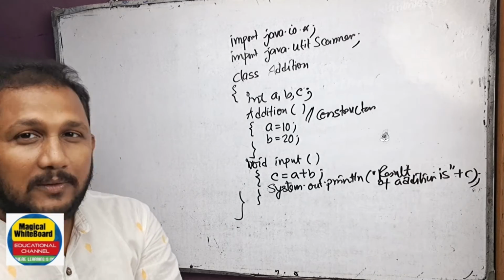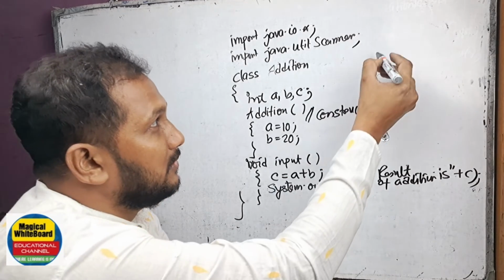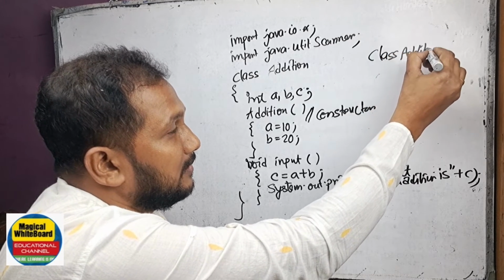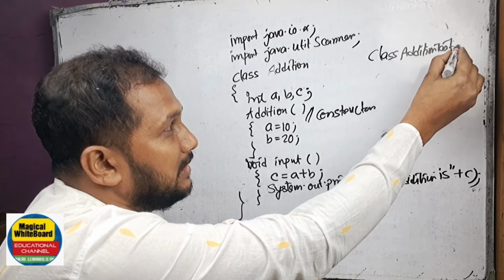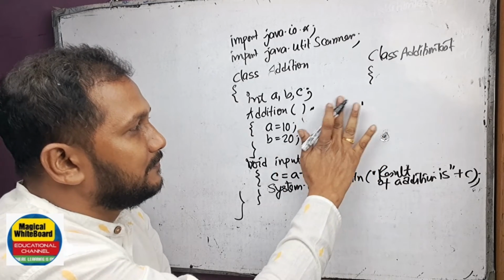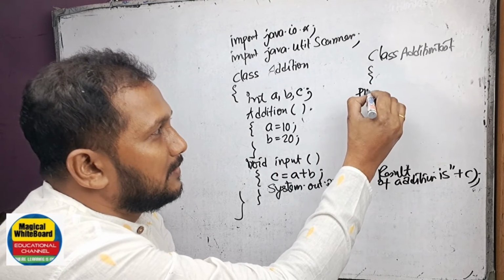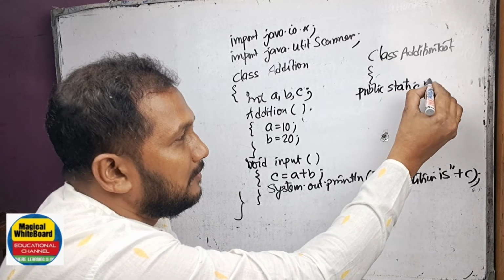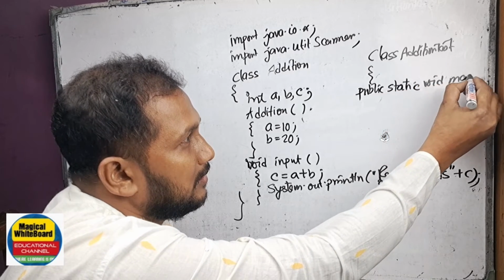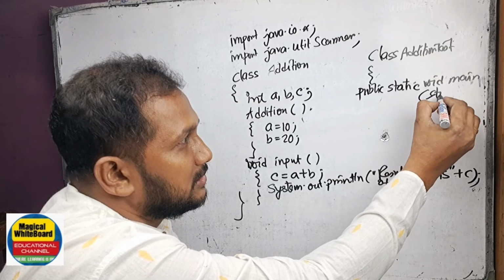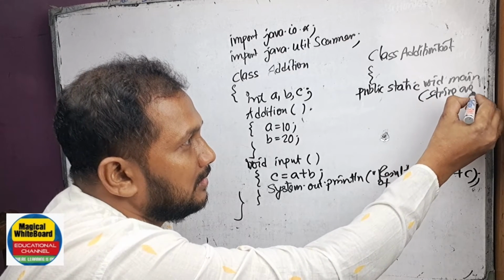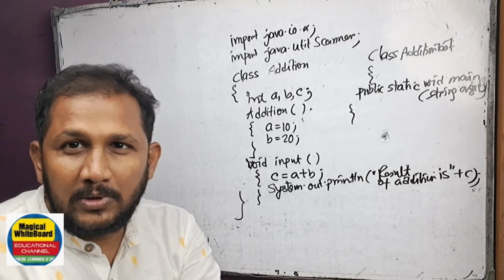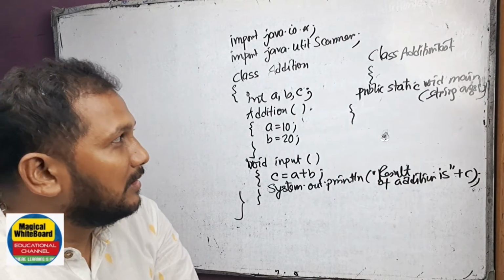Now we can create the main class. Suppose the class name is AdditionTest. Within the class, public static void main(String args[]), and now we have to create the object.